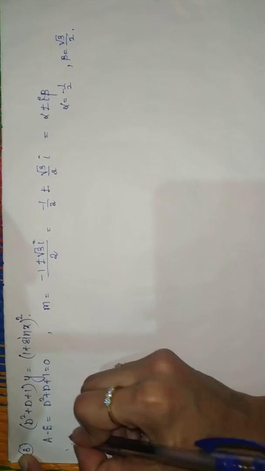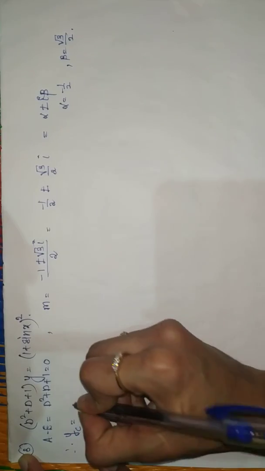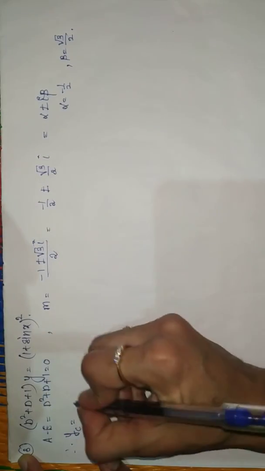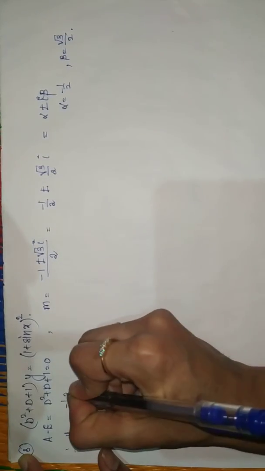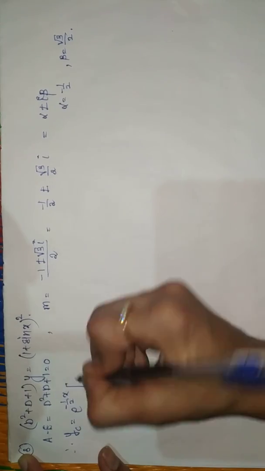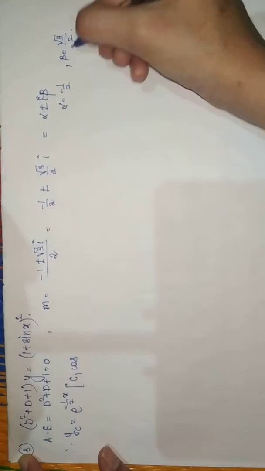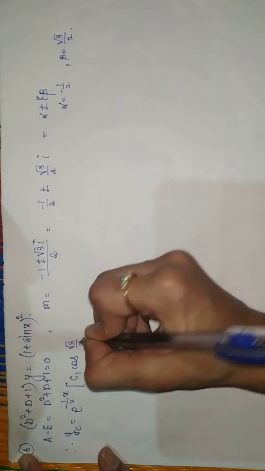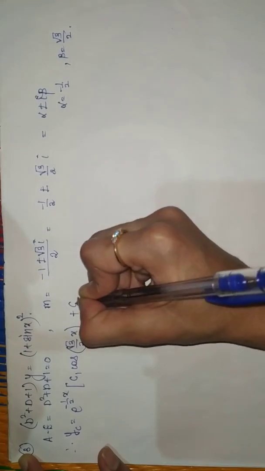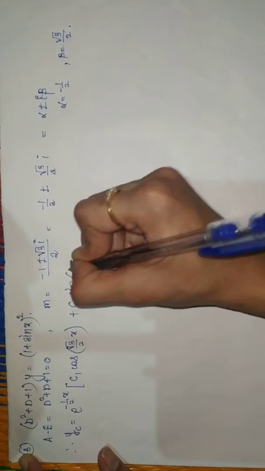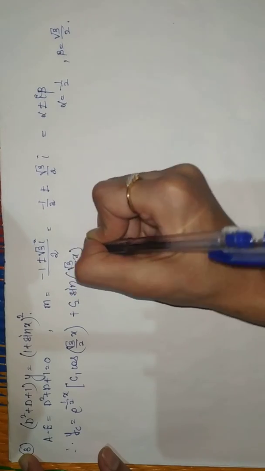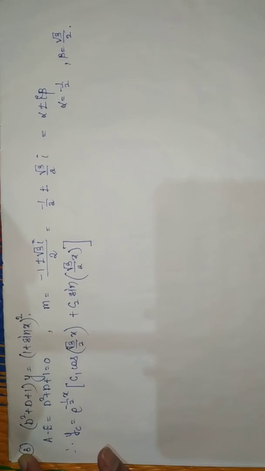Therefore the complementary function is e to the power alpha x, that means e to the power minus half x into c1 cos root 3 by 2 x plus c2 sin root 3 by 2 x. So this is my required complementary function.